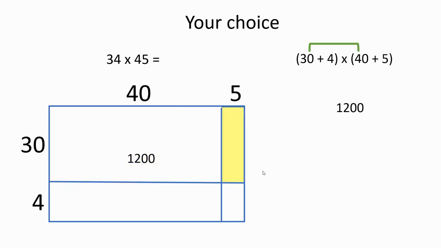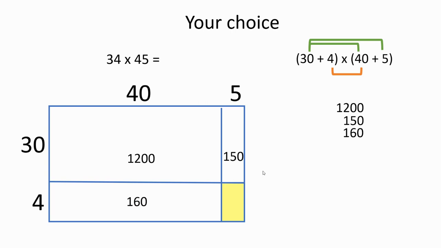Then you move on to the next rectangle, in which I would be saying 30 times 5. With the distributive property, you would now take that 30 and multiply it by the 5, okay? So same idea. Moving on to the next rectangle, we have 4 times 40, same thing in the distributive property, which would be 16 and 1 shift.